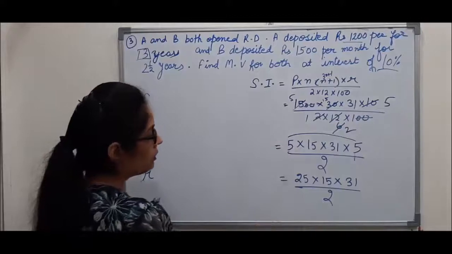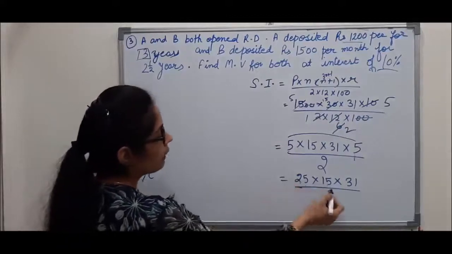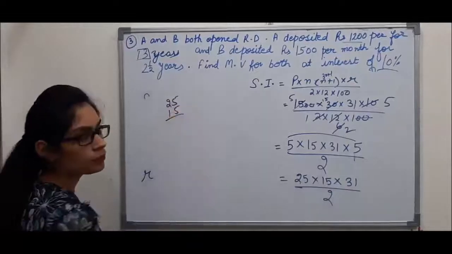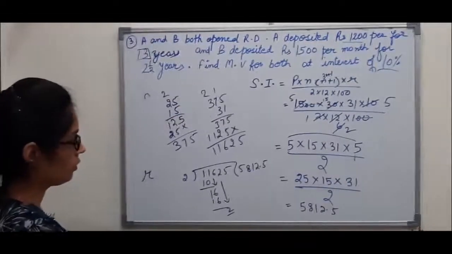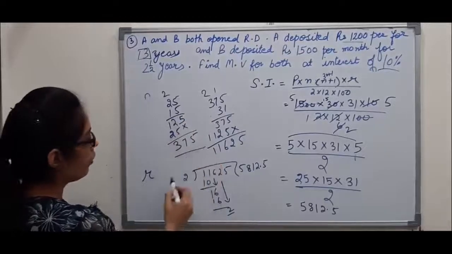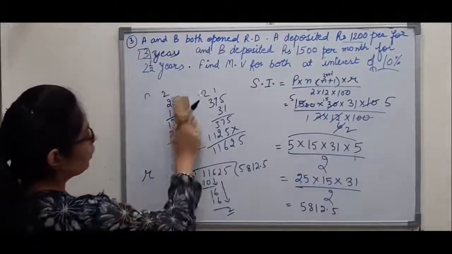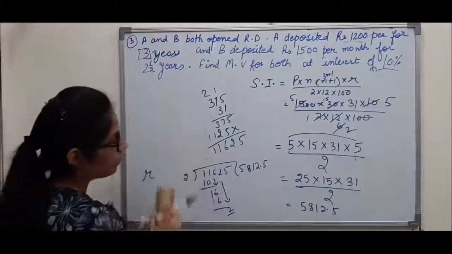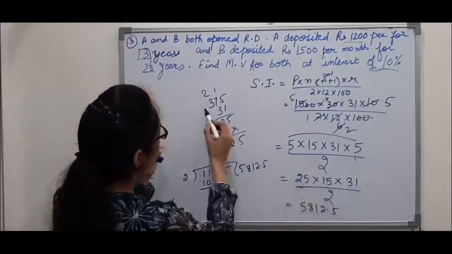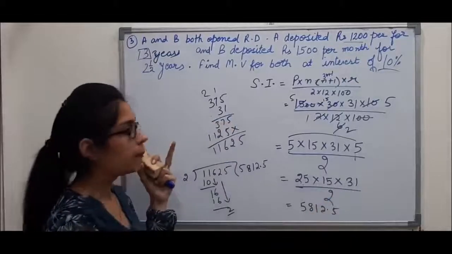See, I am also doing step by step. Now I will multiply 25 into 15. I got 375. This 375 again I have to multiply with 31.